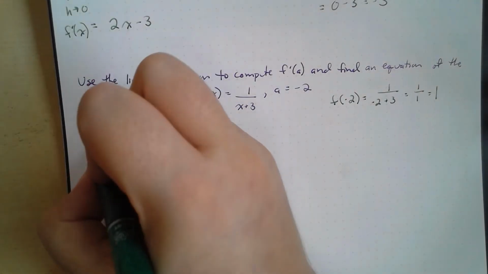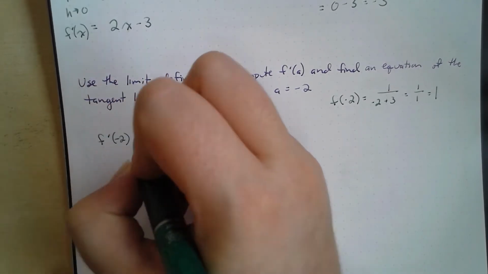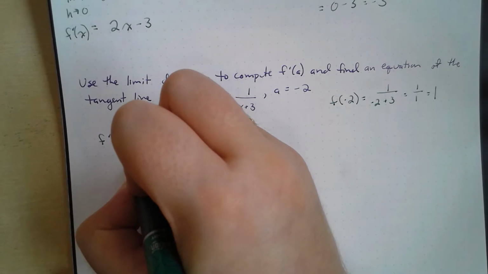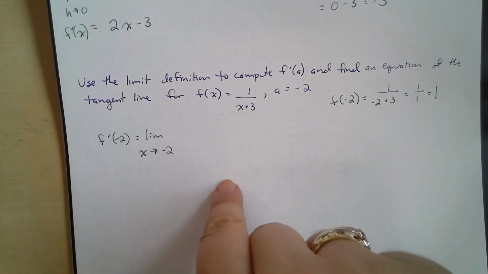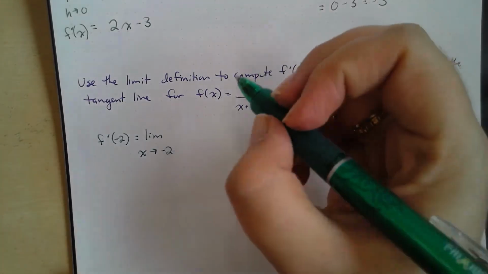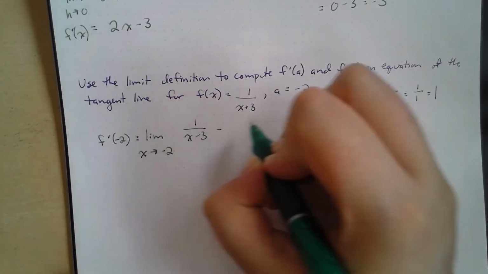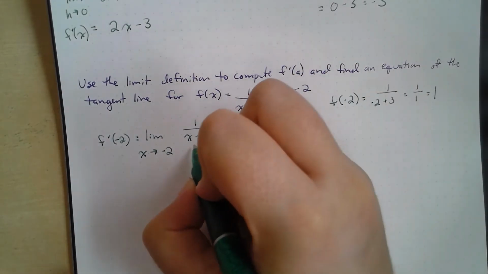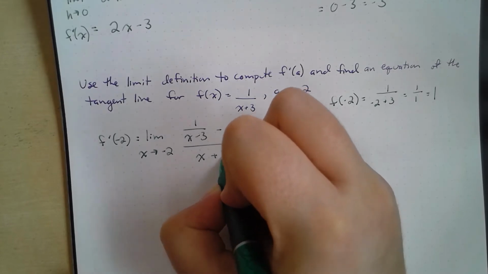Beautifully convenient. F prime of negative 2 is going to be equal to the limit as x approaches negative 2. Remember, we're using the alternative definition here, of 1 over x plus 3 minus f of a, which is 1. We already found that. Over x minus a, negative 2, is plus 2.